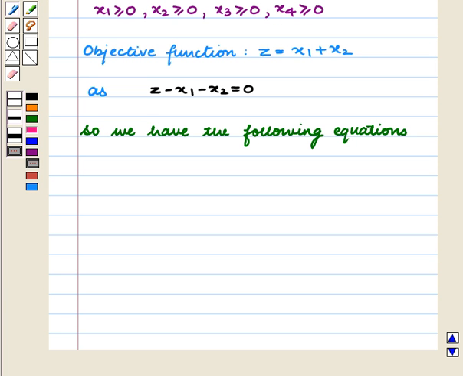So now we have the following equations: 2x1 plus x2 plus x3 is equal to 4, x1 plus 2x2 plus x4 equal to 3, minus x1 minus x2 plus z equal to 0. Note that we have written the objective function in the last.